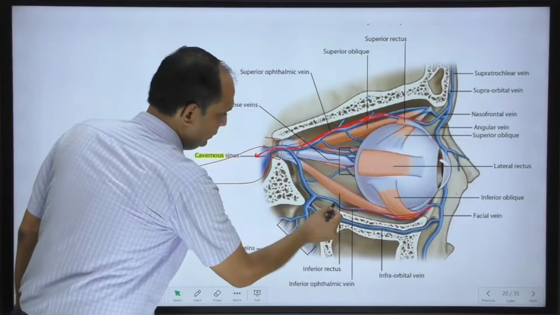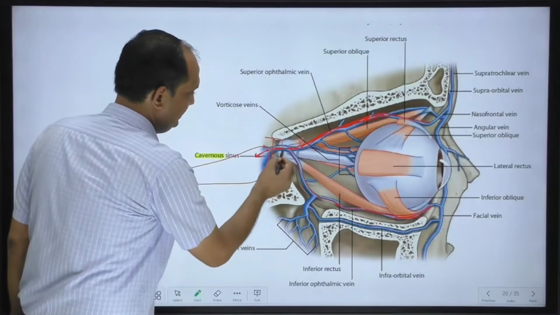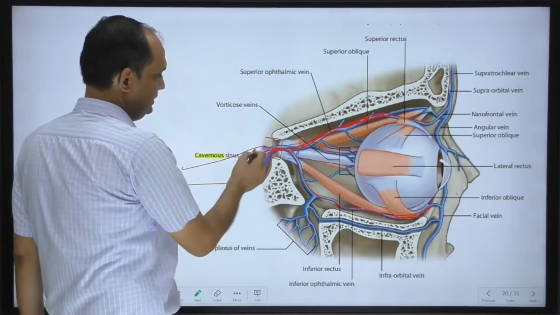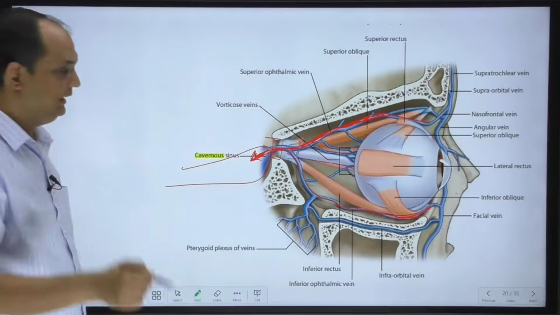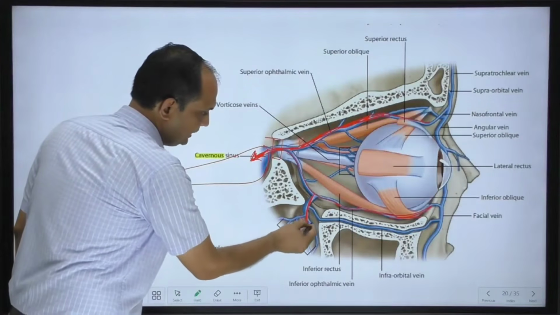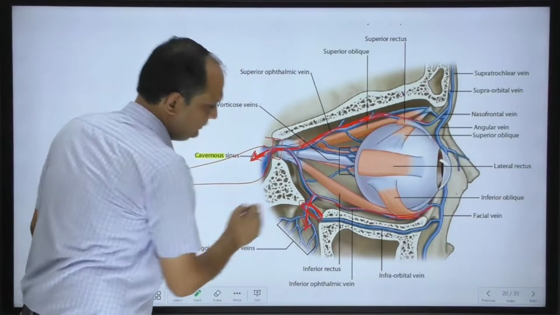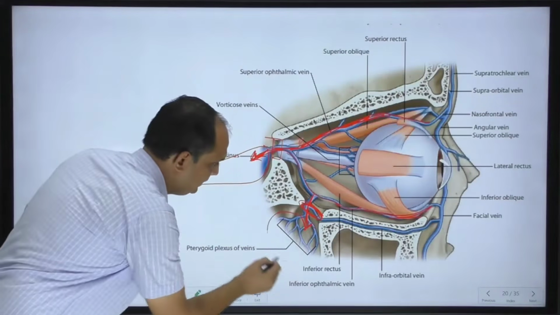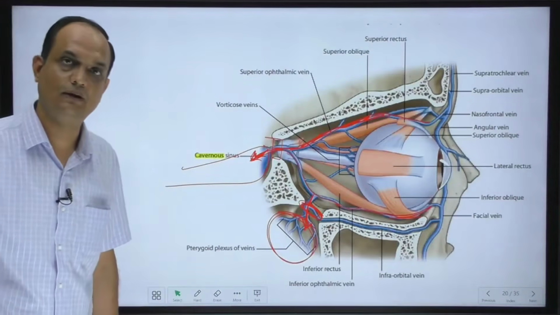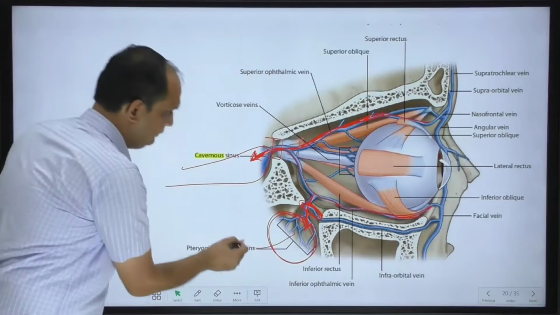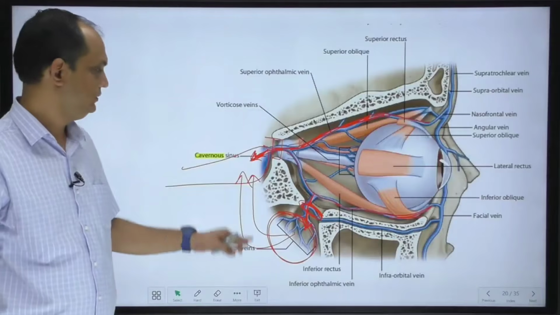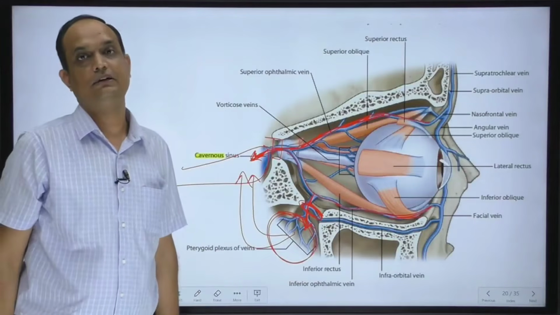Either it will go to the superior orbital fissure, merge with the superior ophthalmic vein and drain into the cavernous sinus. The second way is that it may enter into the pterygopalatine fossa through this inferior orbital fissure, and here it will join a venous plexus known as pterygoid plexus of veins. Clear? And later on we will see that the pterygoid venous plexus will give the emissary vein through which you have the communication with the cavernous sinus.